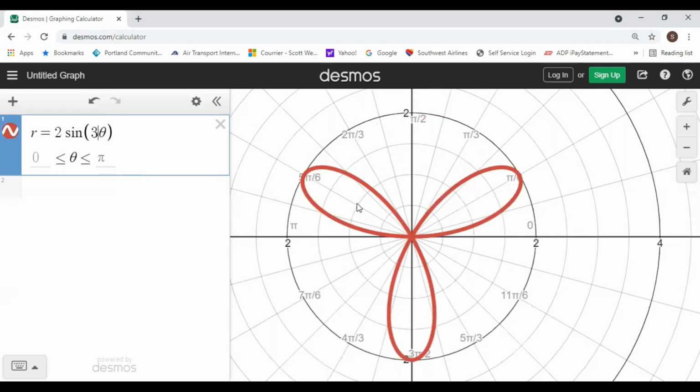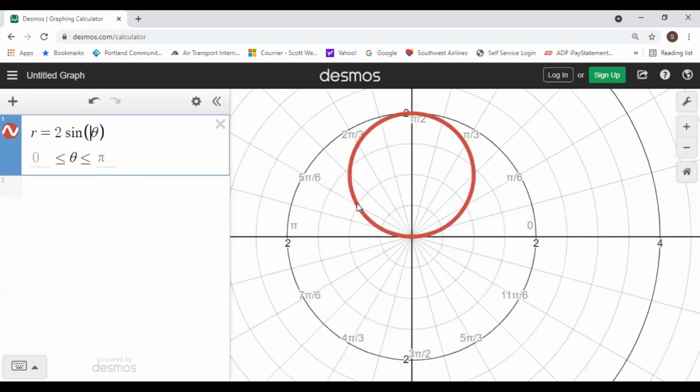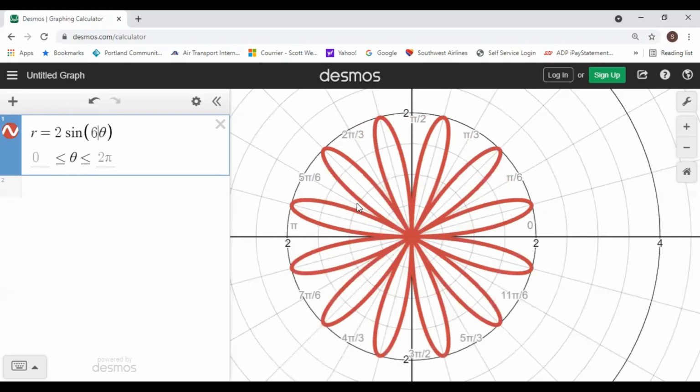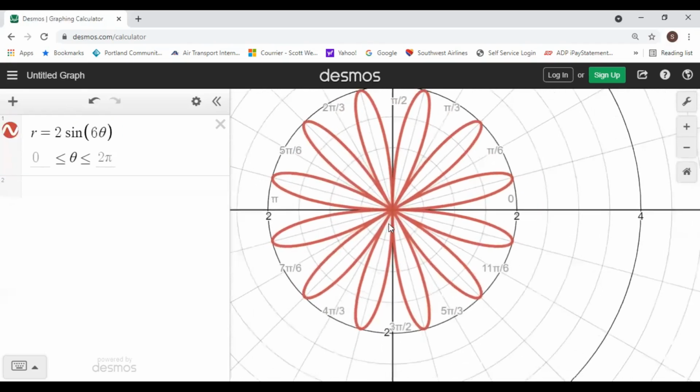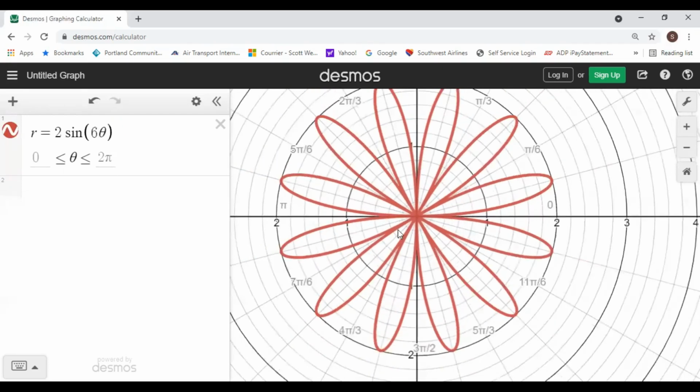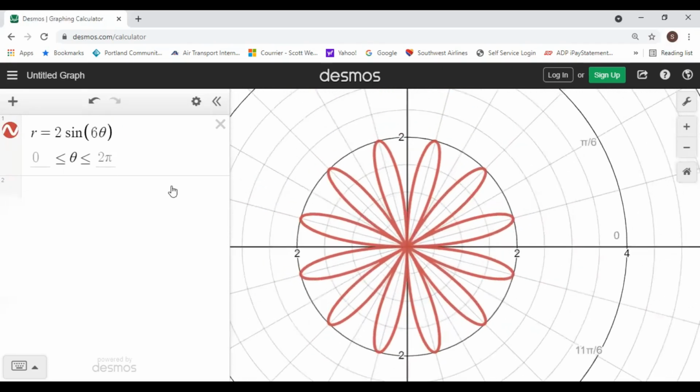It's going to be just 3 petals. 4, this one has 8, 5, and so on. So there you go. This is how you can make roses in Desmos.